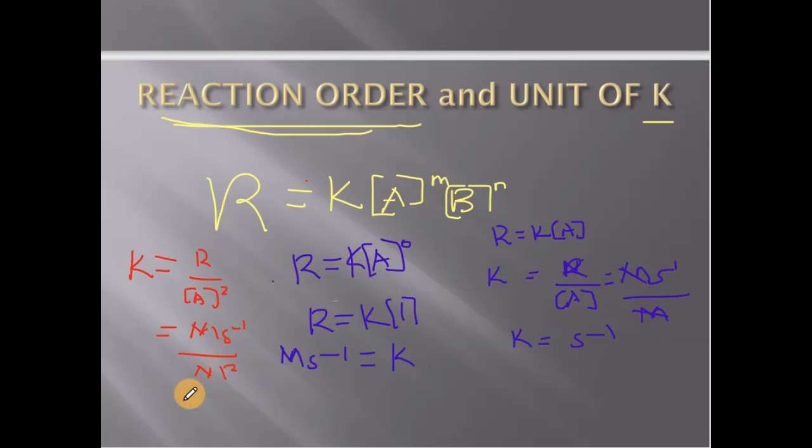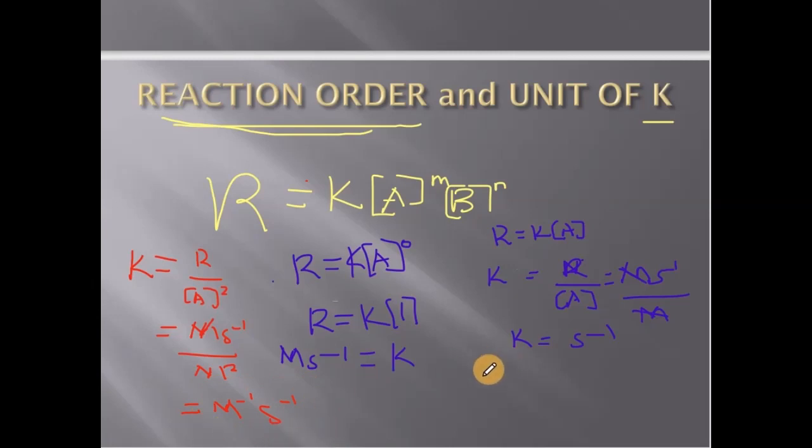So one of the M cancels the other M. So the final unit of the rate constant for a second order reaction is per molar per second.